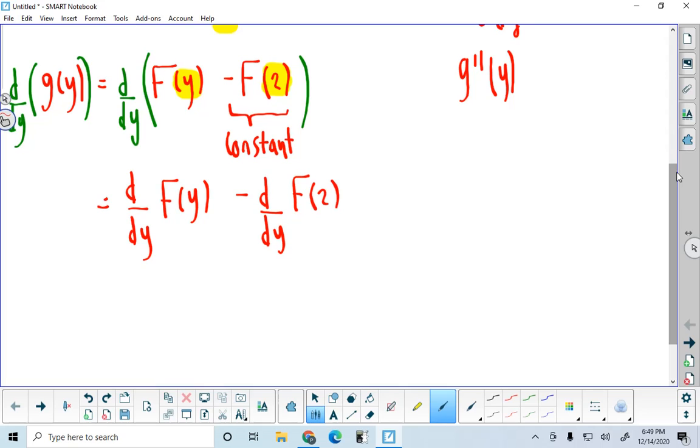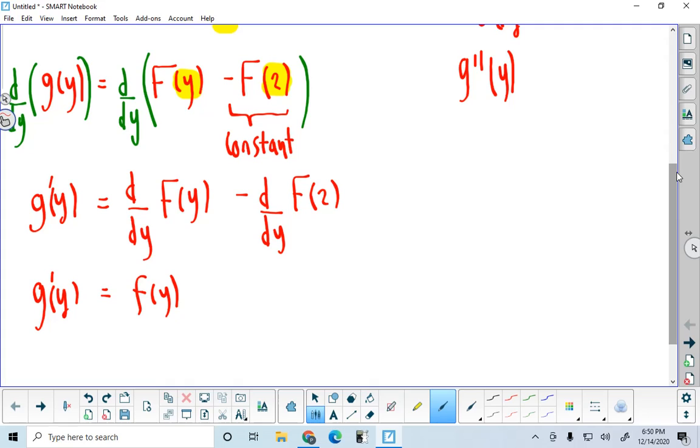And over here, I'm going to use g prime of y now, but remember, it's with respect to y. So what I end up with is g prime of y equals f of y, because the derivative of an antiderivative takes you to the original thing.